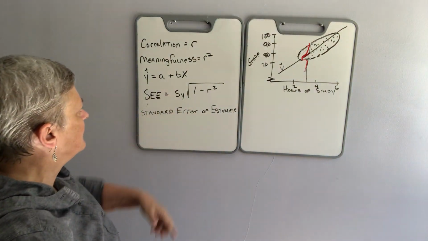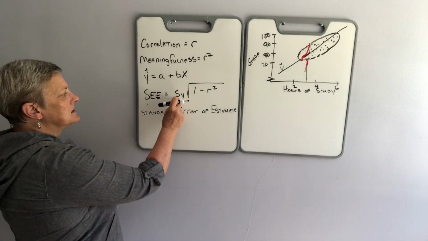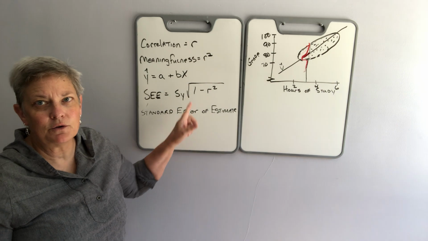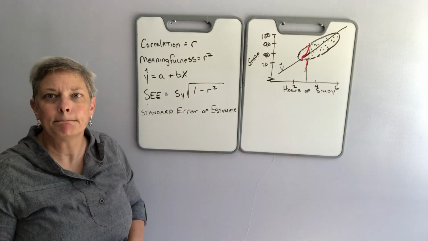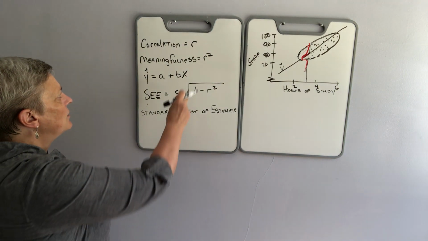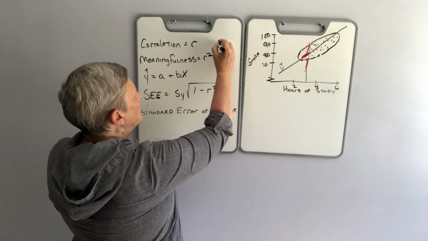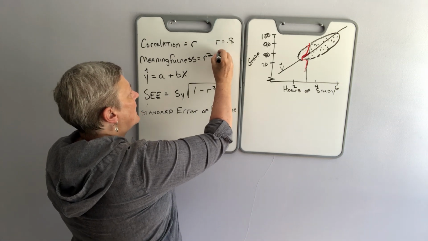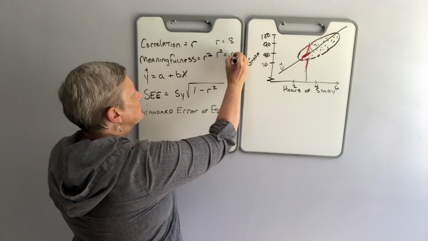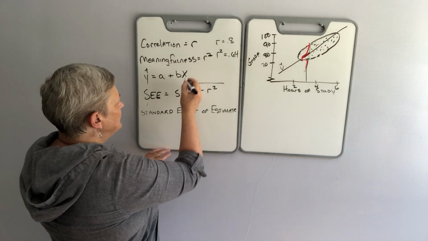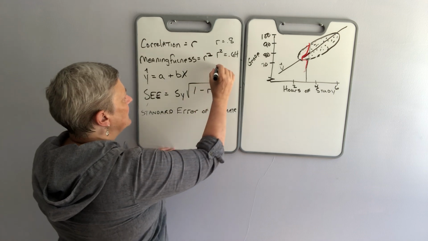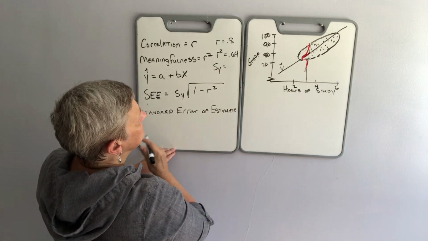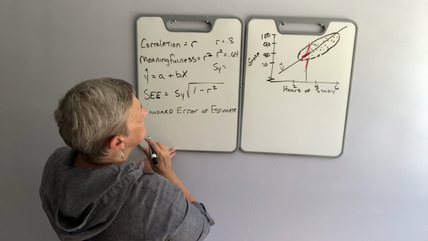So the standard error of estimate is simply the standard deviation of y times the square root of 1 minus r squared. In our last video we did that example where r is equal to 0.8. Then r squared is equal to 0.64. Let's say the standard deviation of y is equal to 10.